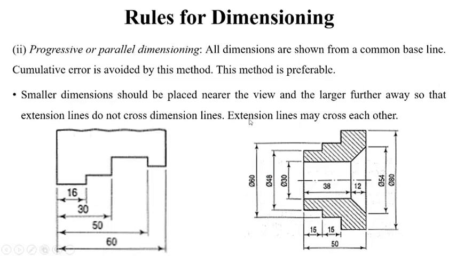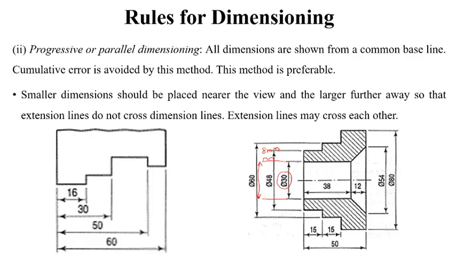Then extension lines may cross each other. If we do not follow this, suppose we are placing the bigger dimension first and the smaller dimension after it, and then use the smaller one behind. Then this is your extension line, and you can extend the extension line, and after leaving a distance of 8 mm, then you have to provide the dimension line.